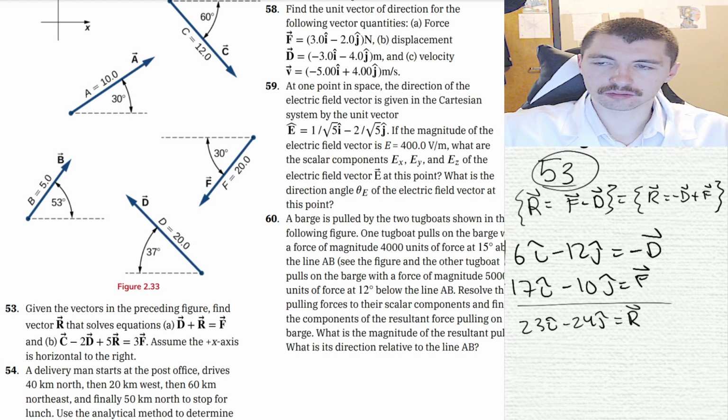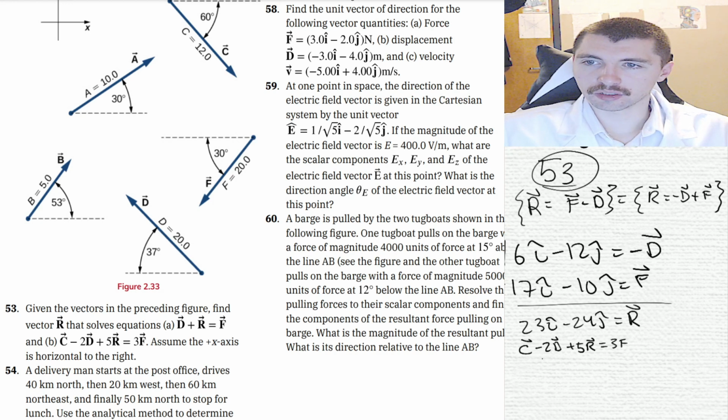Now we want to do R equals negative C plus 2D plus 3F.